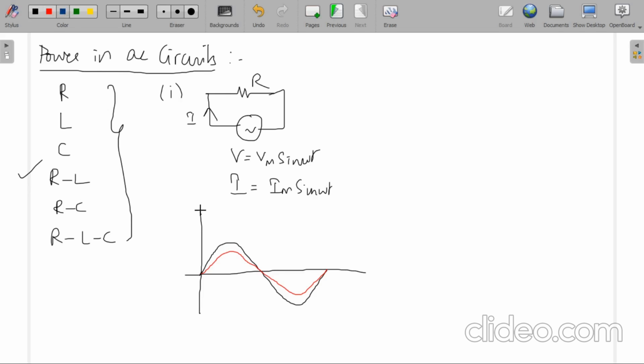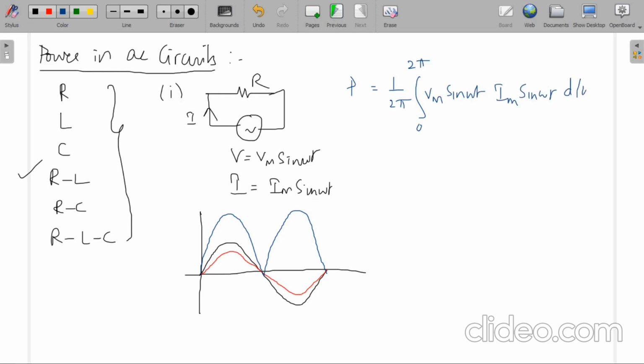Coming to the power, in instantaneous power, the power will be like this. This is the instantaneous power. Now coming to the average power, P is equal to 1 by 2 pi integration 0 to 2 pi Vm sin omega t Im sin omega t d of omega t.